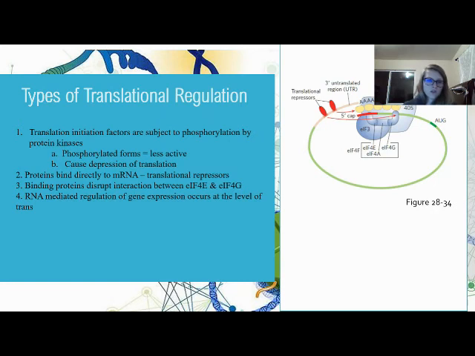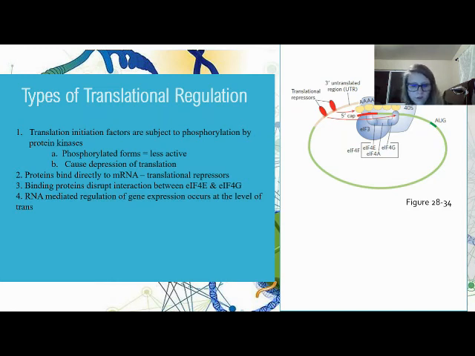So the four types of translational regulation in eukaryotes, the first being translation initiation factors that are subject to phosphorylation by protein kinases. As you've seen before, the phosphorylated forms are the less active, and this causes a depression in translation within the cell. The second translation regulation is that some proteins bind directly to the mRNA and they act as repressors, specifically in the 3' untranslated region.